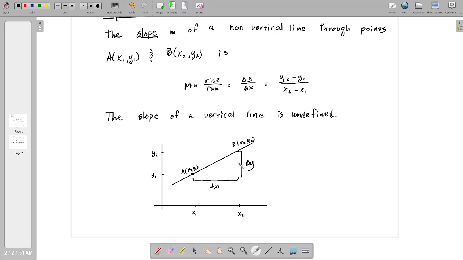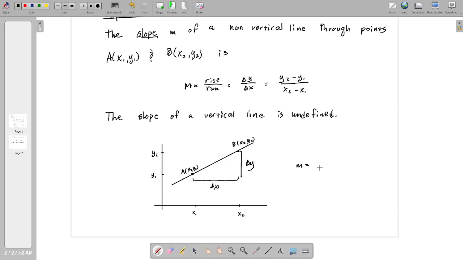Now, what we're looking for is this distance, the change in x. And that's just going to be the distance between x2 and x1. When we talk about this type of distance, we're talking about in a specific direction. So, we're doing x2 minus x1.